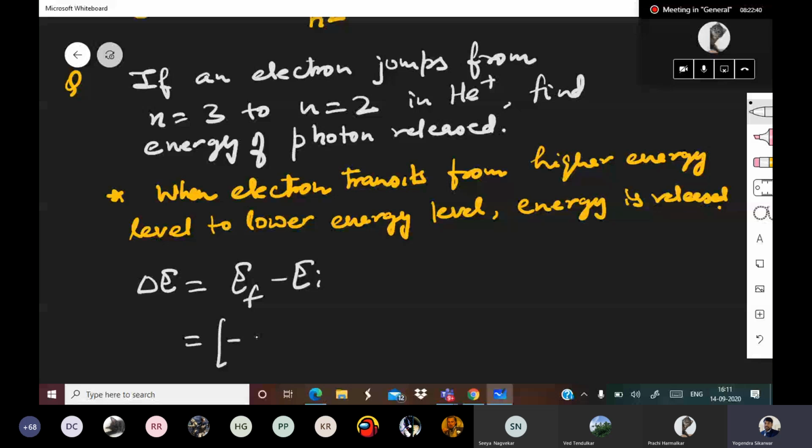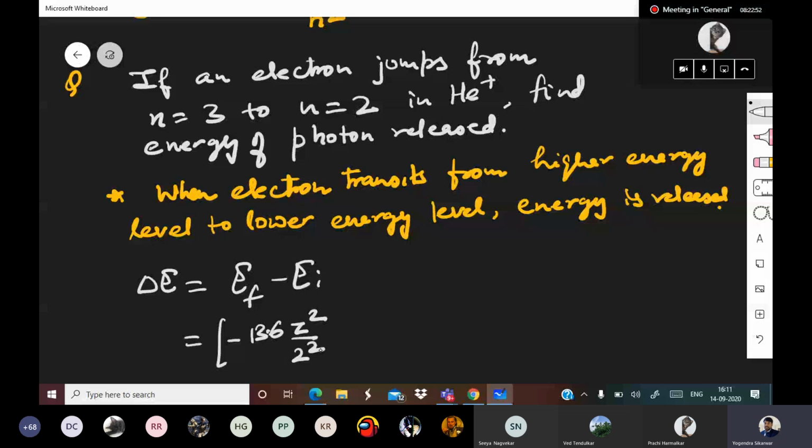So E final will be minus of 13.6 into Z square upon N square, where N will be 2 here. And E initial is minus of 13.6 into Z square upon 3 square. So this will be the whole scenario.